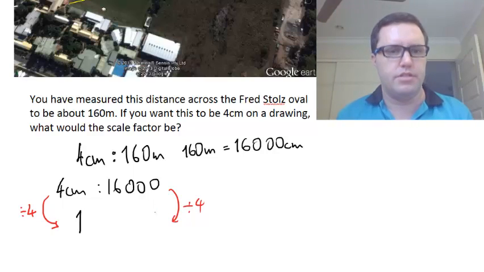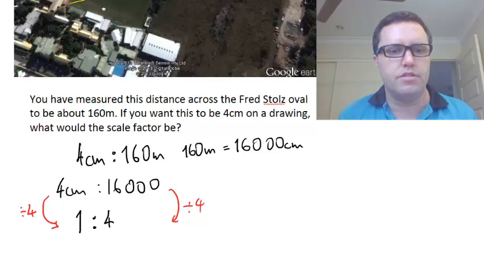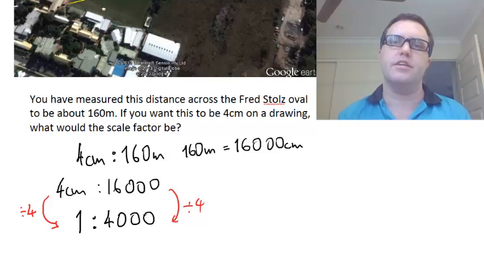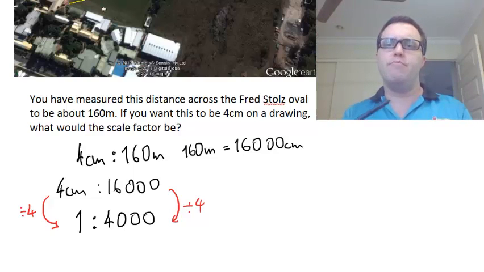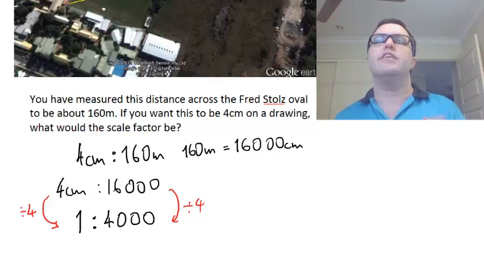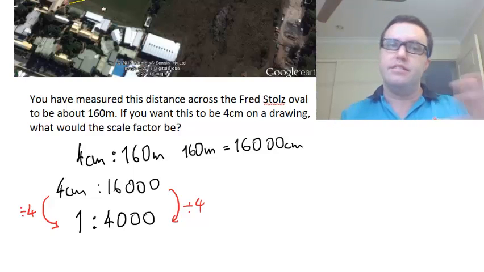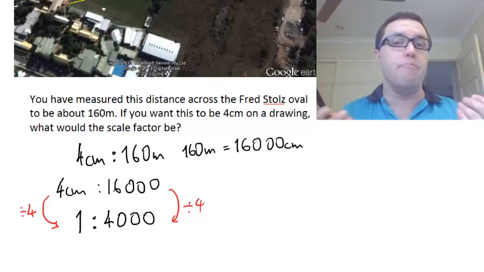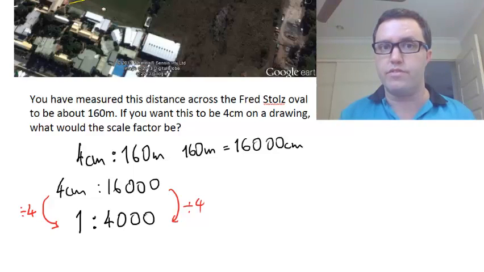And so now we've got 1 is to 4,000, because 16,000 divided by 4 is 4,000. And so that's how I go about creating a scale factor from a drawing, down to a scale that's going to be manageable for us to actually do a drawing of something.